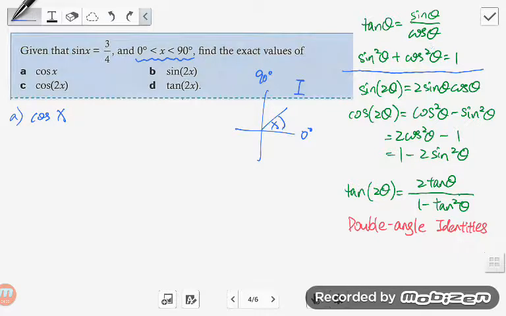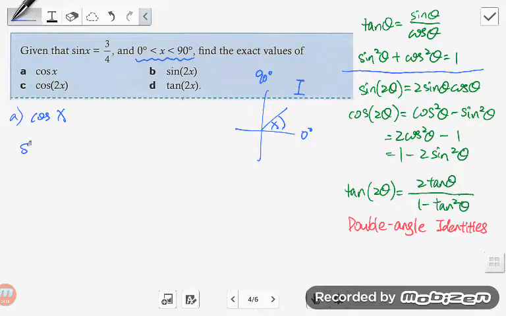Okay, let's look at the second one. I have a sine value, and sine square theta, I can find that. Just square whatever my sine value is. And I have a 1. So in this case, there is only one unknown, which is my cosine square theta. So that's the one I'm going to go for, because there's only one unknown, right?